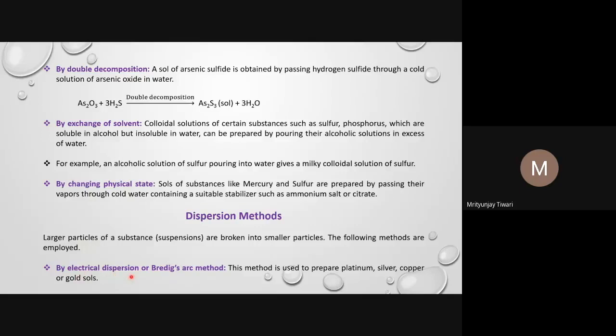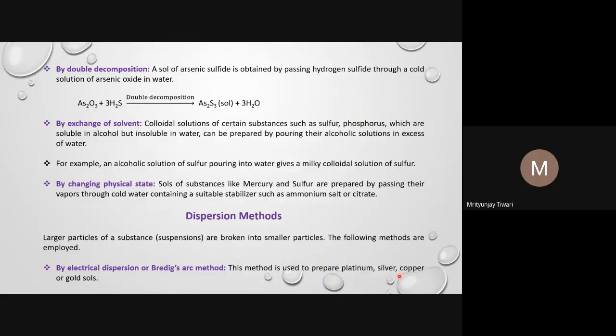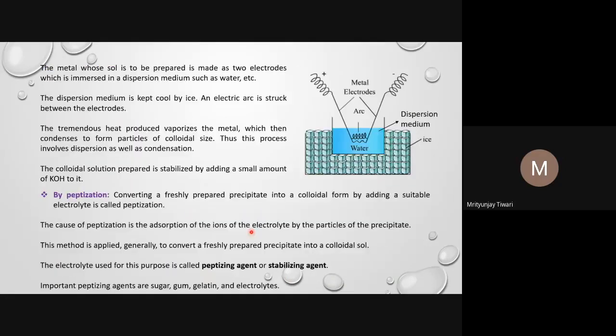So the electrical dispersion or Bredig's arc method, let's now see what this is. This method is used to prepare sols of platinum, silver, copper or gold. This is a metal electrode, and these are the metals of which you want to form the colloidal solution.